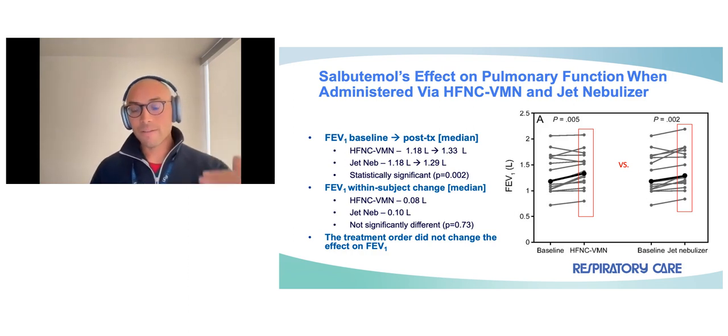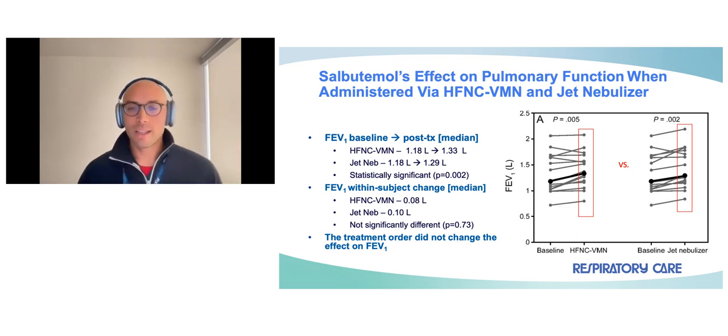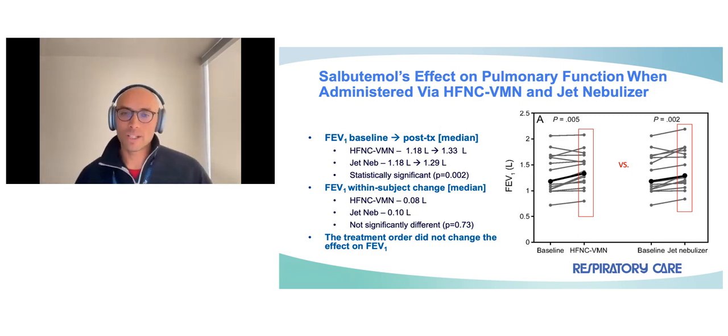So the significant finding they had is that the median high flow FEV1s were, well, pretty close to the jet neb one. So I want to say that they were greater than, but we're not going to say that they were greater than. We're saying that they were not inferior. So the FEV1s from the high flow nasal cannula group, the baseline median was 1.18, and it increased to 1.33 for the high flow vibrating mesh nebulizer subjects.